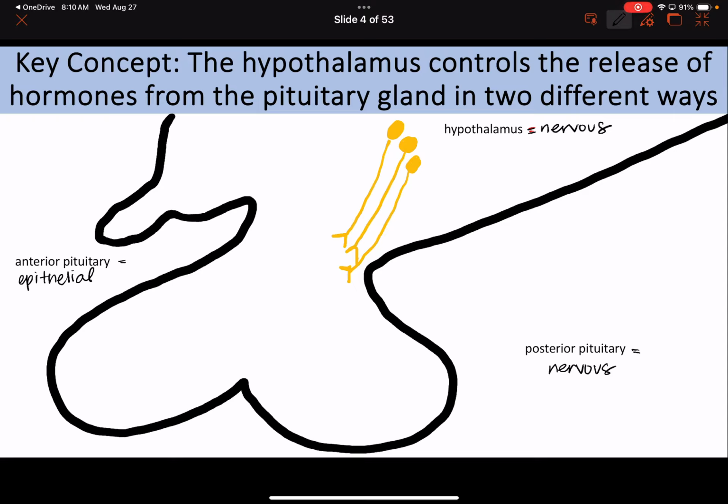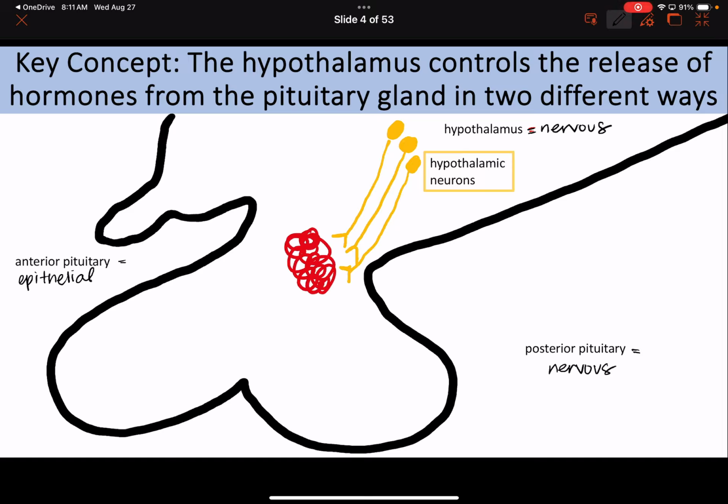All right, so how hormone secretion works through the anterior pituitary is that the anterior pituitary is controlled by signals that come from the hypothalamus. So here are some neurons that are extending, not quite into the anterior pituitary yet, but into a capillary bed in between the hypothalamus and the anterior pituitary.